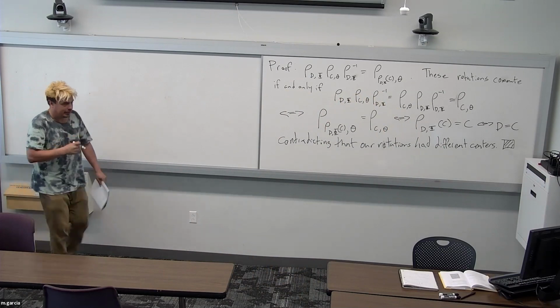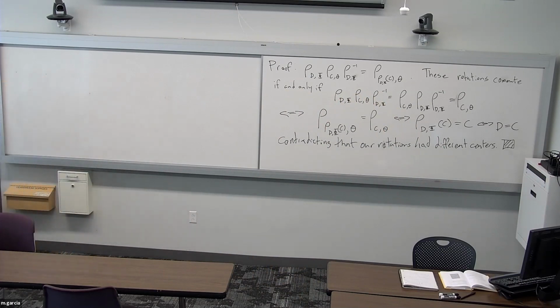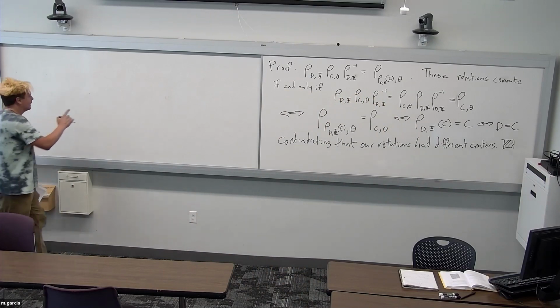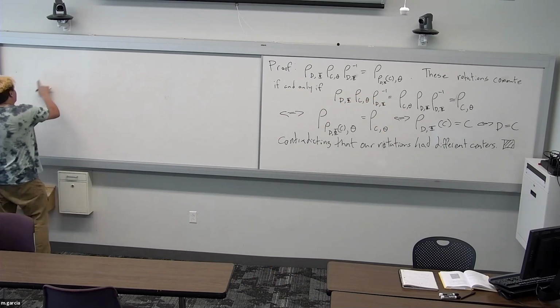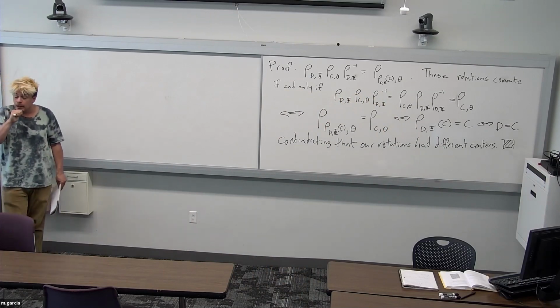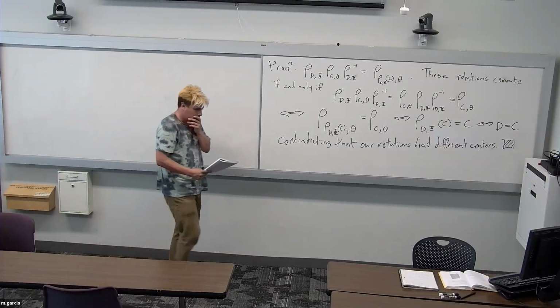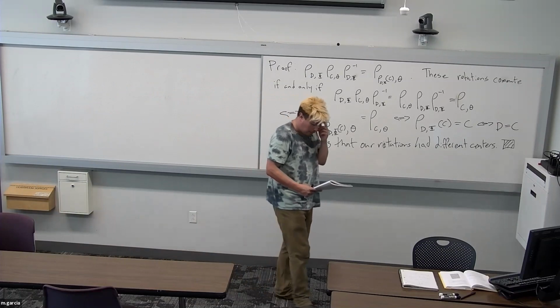So, what can we say about the product of two non-identity rotations about different centers? Yeah, which means they're still going to be even, which means you'll have a rotation or a translation.